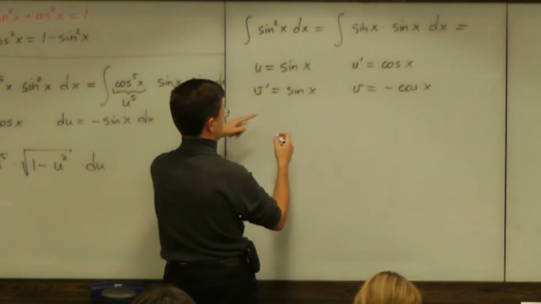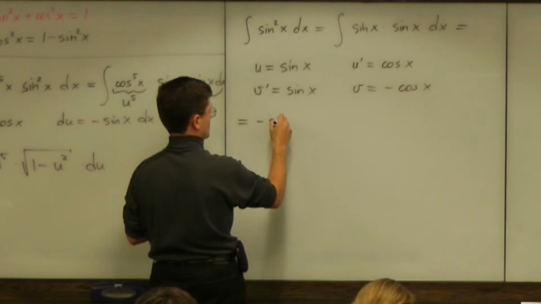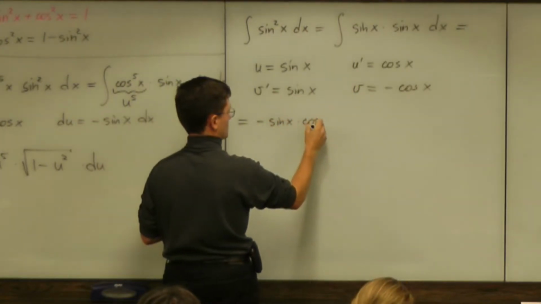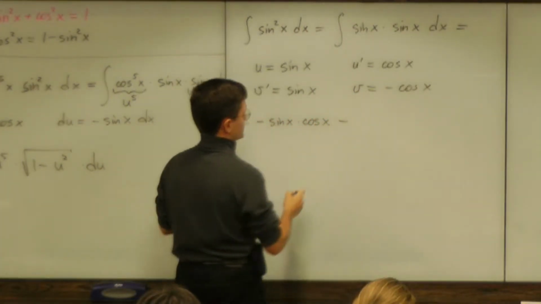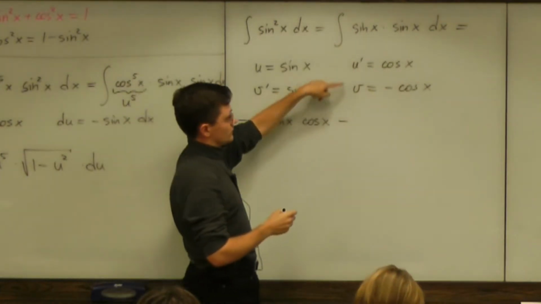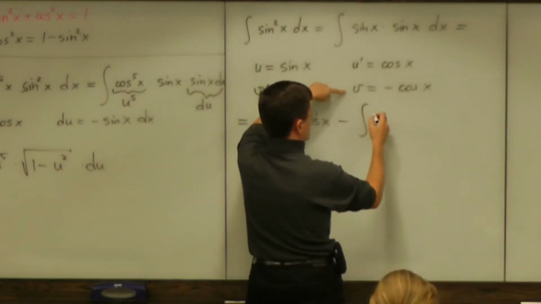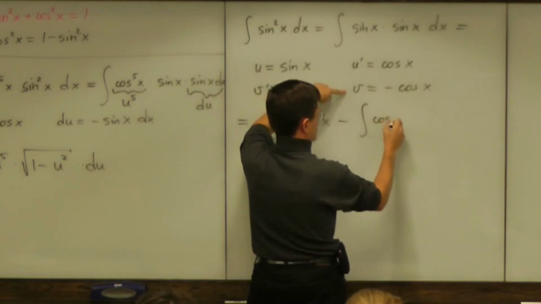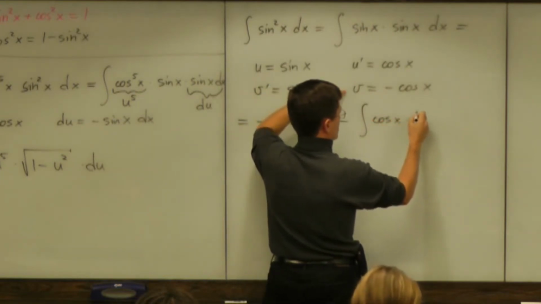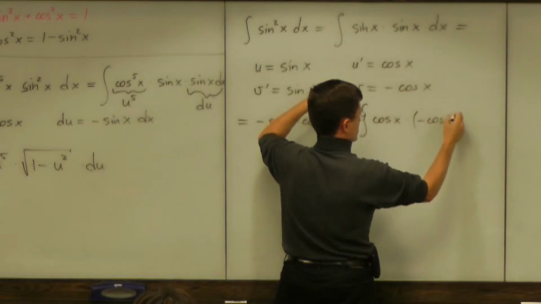That integral is u times v minus the integral of that product of cosine x times negative cosine x.